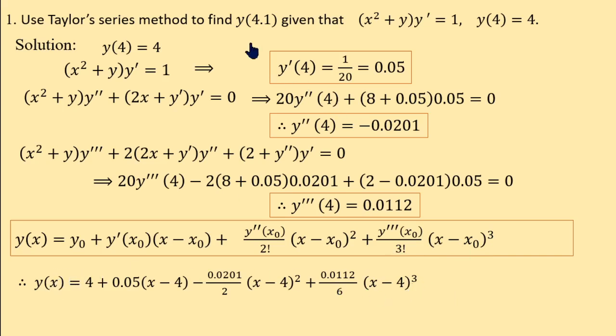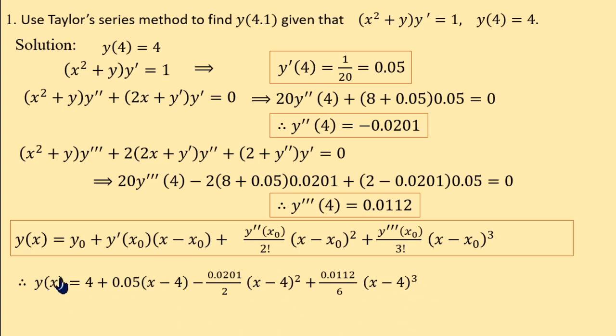The question is, find the value of y at 4.1. To find y at 4.1, replace x by 4.1. When x is 4.1, 4.1 minus 4 is 0.1. Therefore, inside the bracket the value is 0.1. Here 0.1 square, here 0.1 cube.